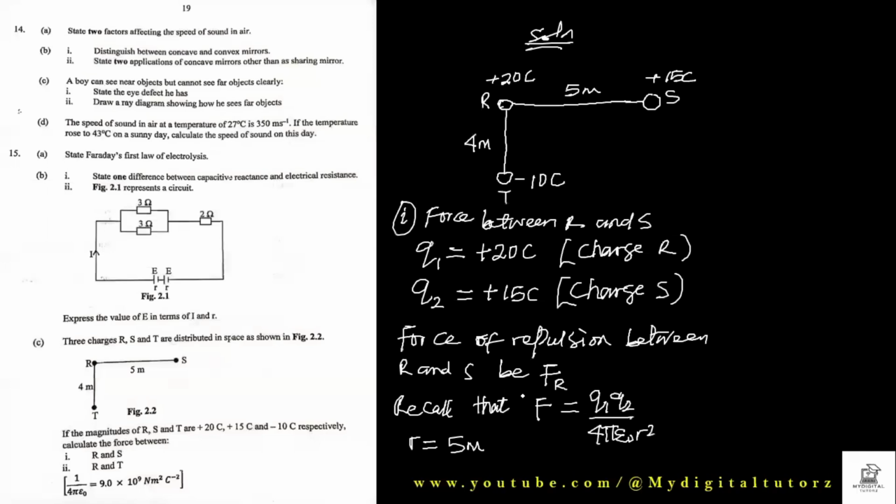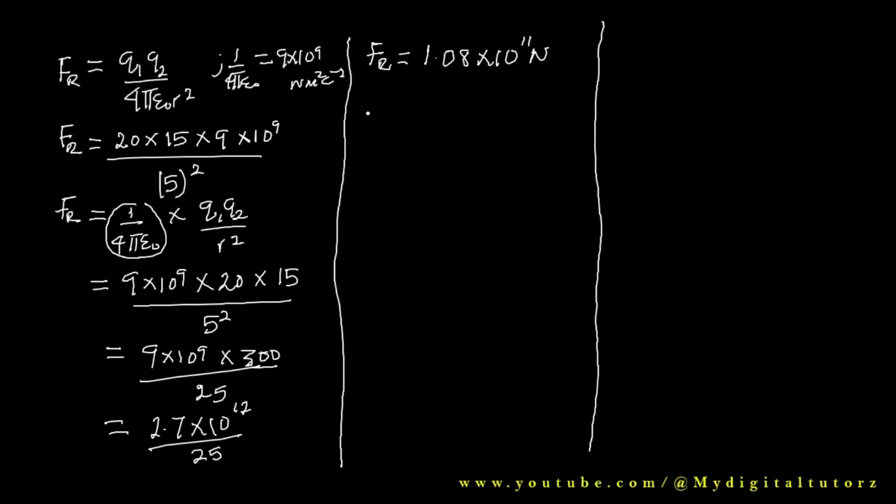So the question goes further to say we should find the force between R and T. So the force between R and T. Here, let Q1 be equal to the charge on R, which is equal to positive 20 Coulomb.